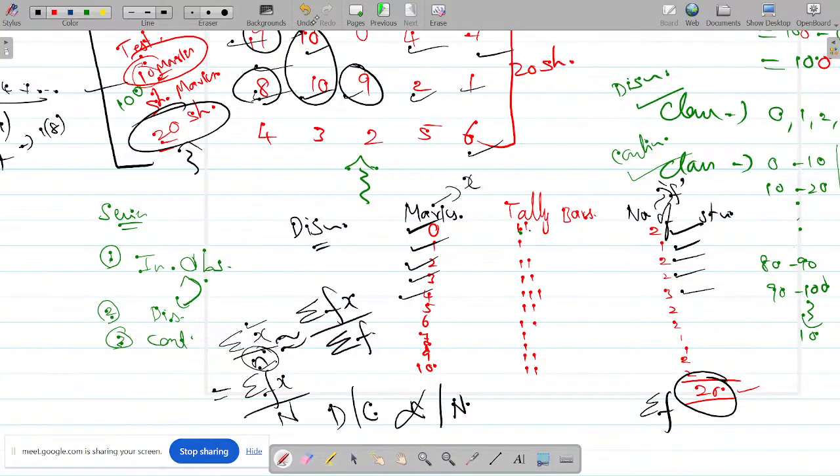In the case of sample and population, x bar is the arithmetic mean, and mu is the arithmetic mean for population. You remember I was discussing this earlier. For standard deviation, here it is small s, here it is sigma. Here is small n and here is capital N for size.